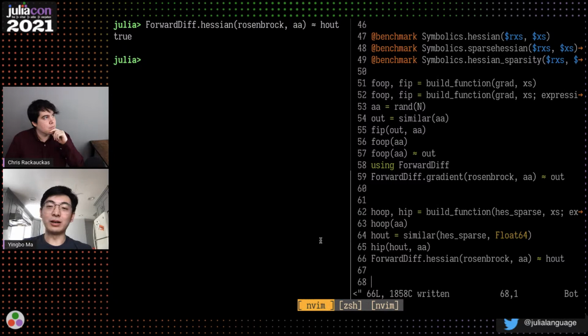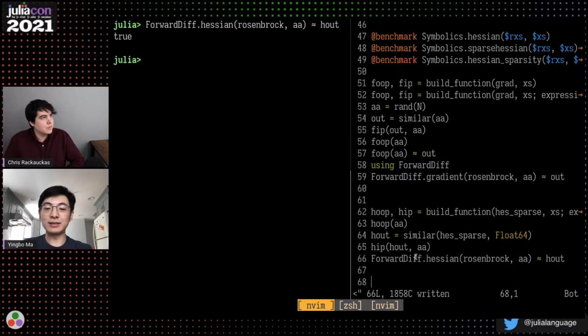do a more realistic use case for Symbolics, in the example of solving a 2D diffusion reaction PDE.